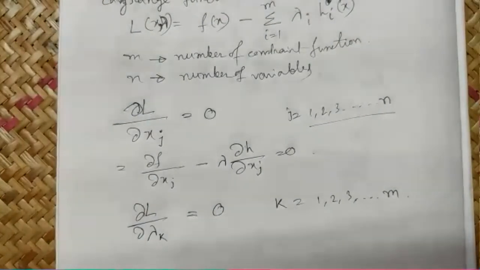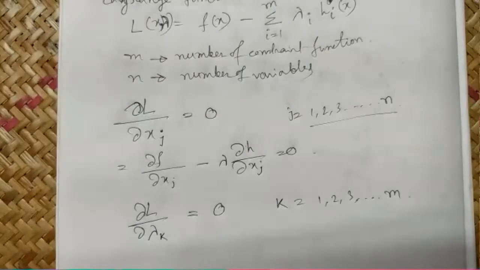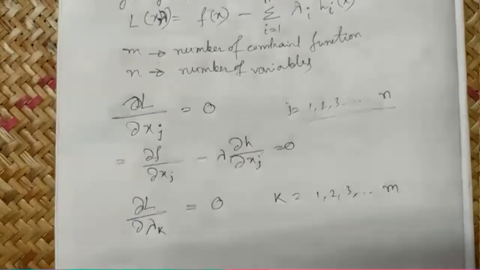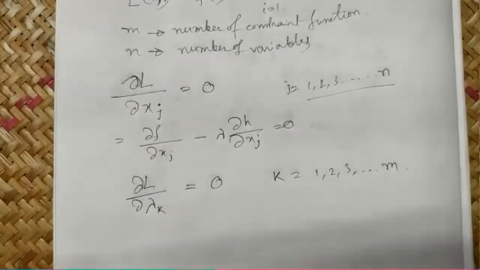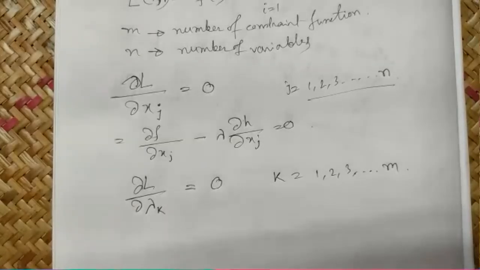Okay, so now what we have to do is to find these x1, x2, x3, lambda 1, lambda 2 values, and we basically find out the x1, x2, x3s, and all these x's can be found out by these two types of equations.